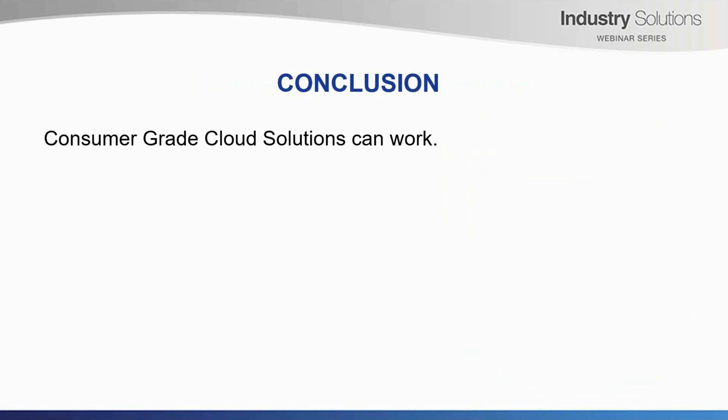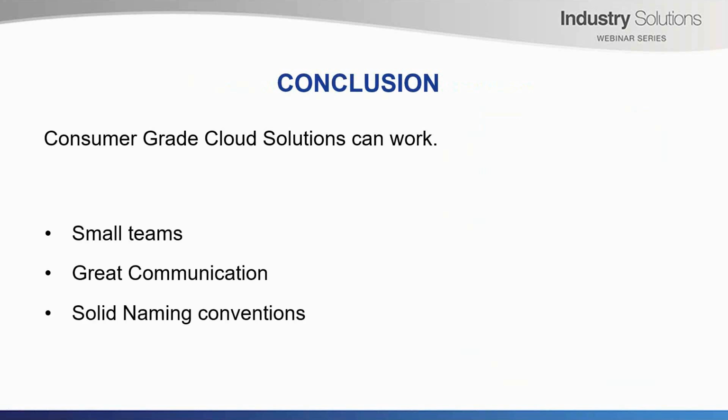So yeah, look, consumer grade cloud solutions can work. They are fairly useful for small teams, especially 1 or 2 people, and are very easy to set up. Just make sure that you've got great communication and naming conventions. The other thing is to be aware that there is a risk of data corruption.